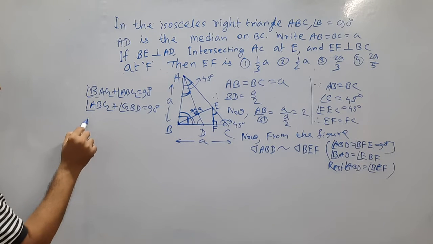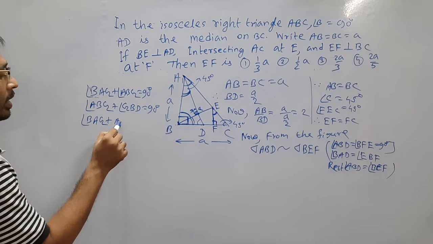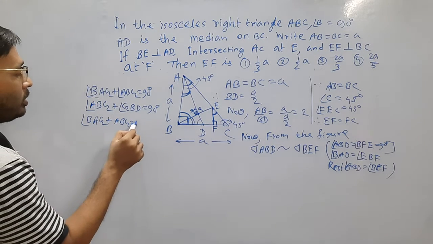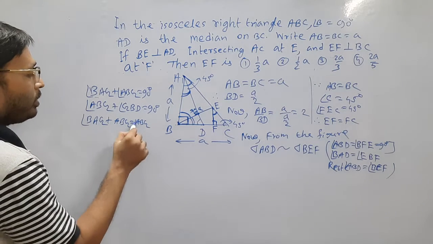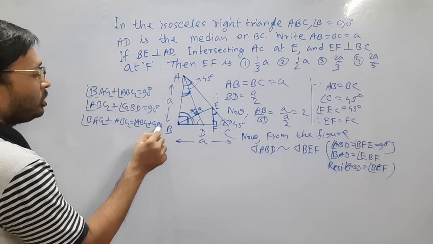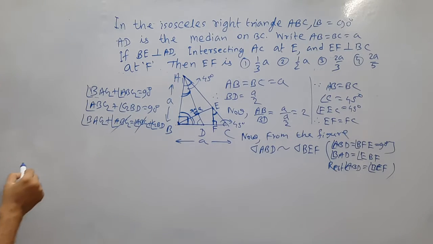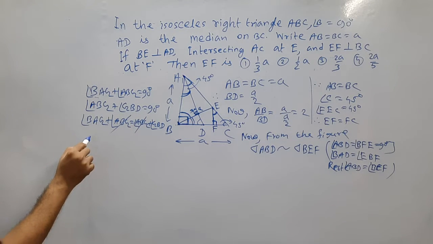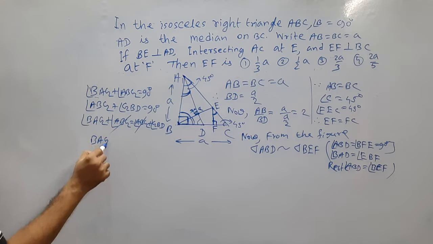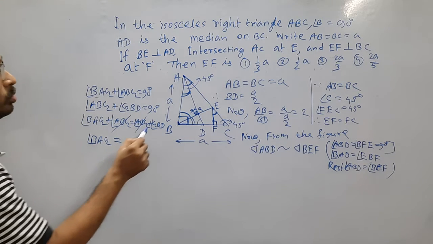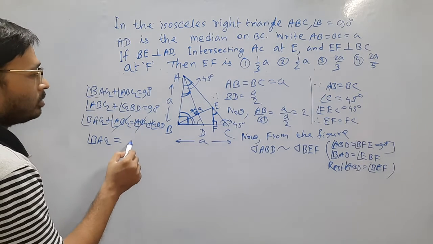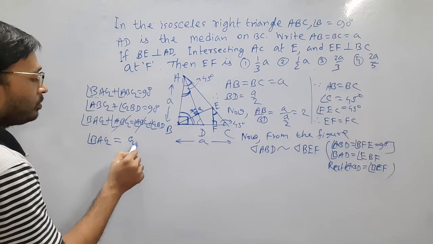So angle BAG plus ABG is equal to ABG plus GBD. The ABG cancels. So angle BAG is equal to GBD.